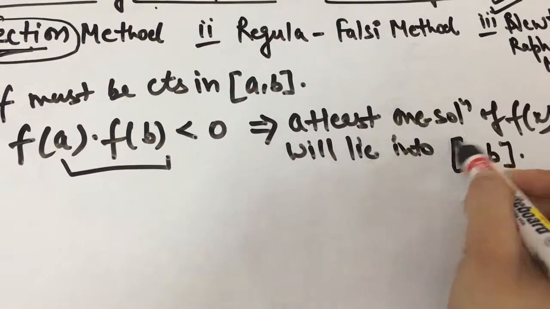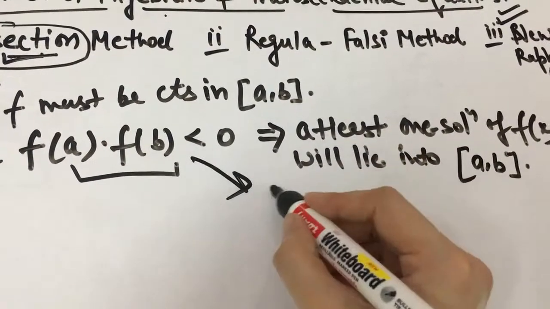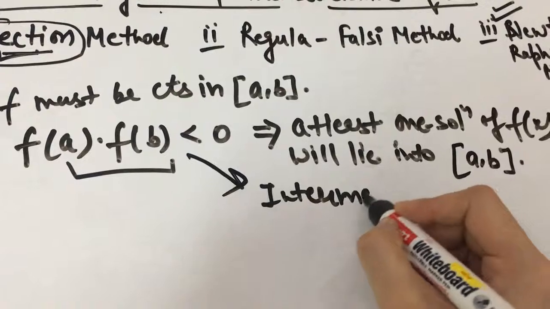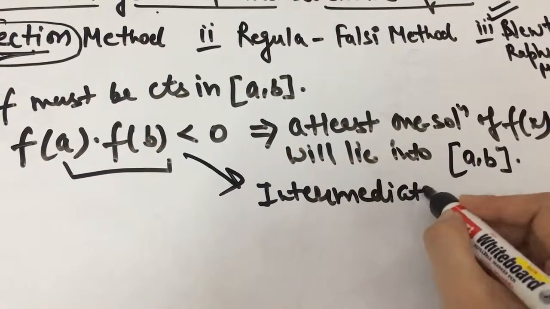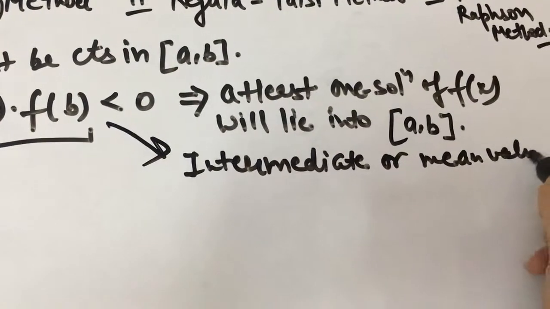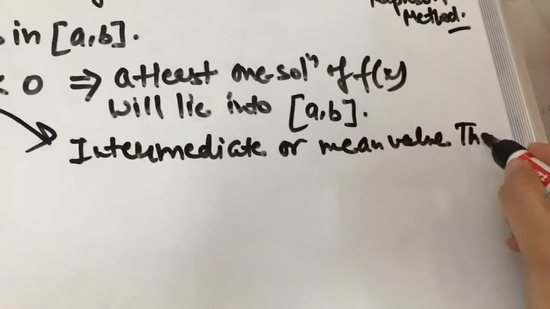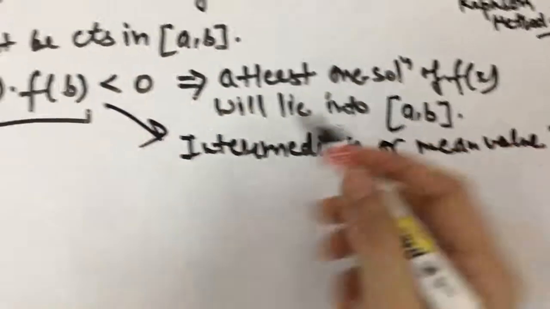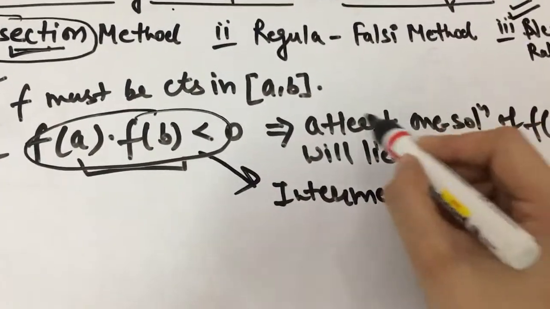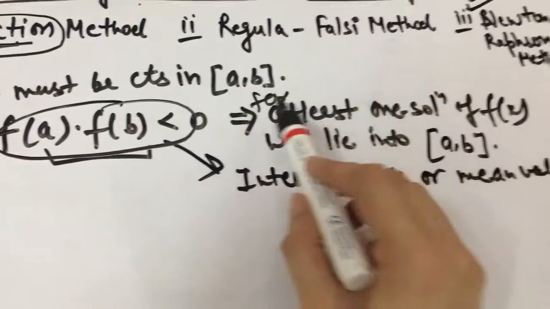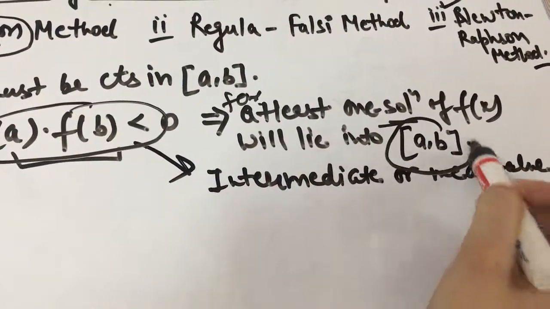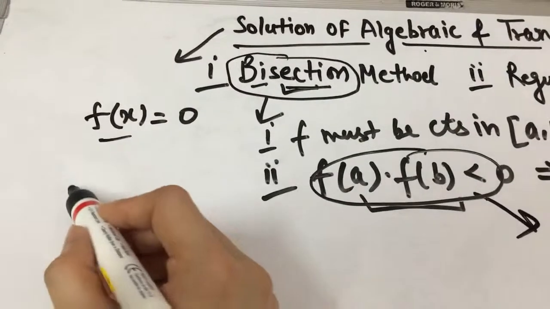And actually this condition is known as the intermediate or mean value theorem. By this property, function f(x) will have at least one solution in interval AB. Let's see how it works.